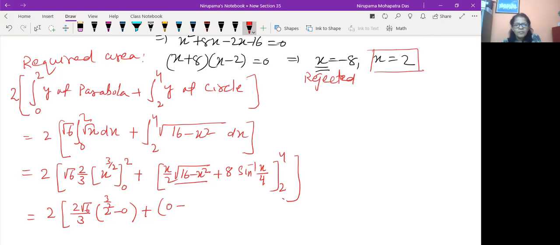Minus lower limit, 2 by 2 is 1, 16 minus 4 is 12, and square root of 12 is 2 root 3. Done. Plus 8 into sine inverse 4 by 4, which is 1, minus sine inverse 2 by 4, which is half.